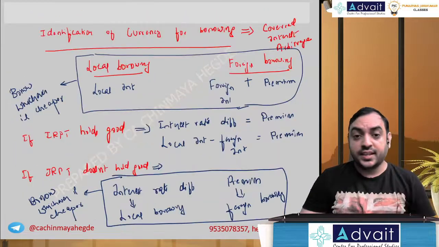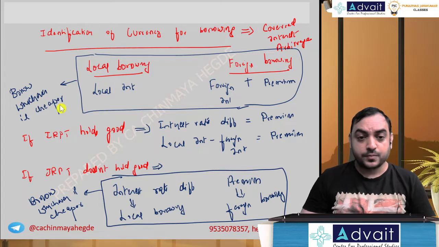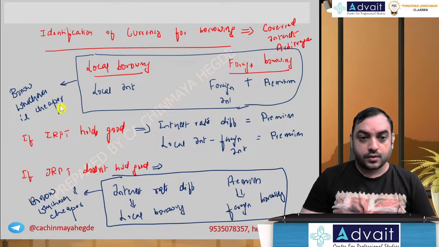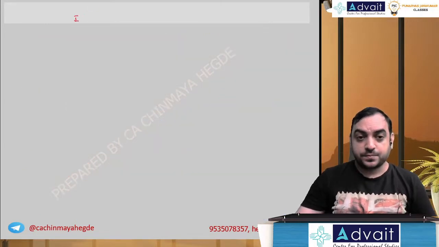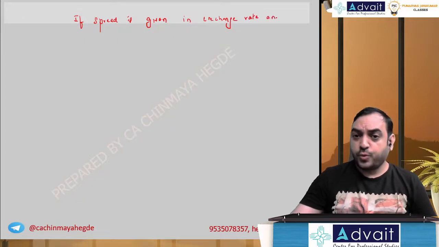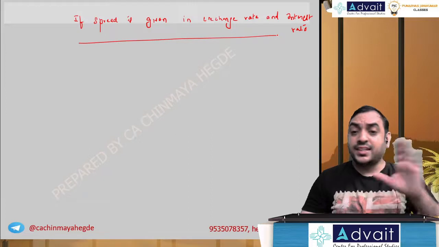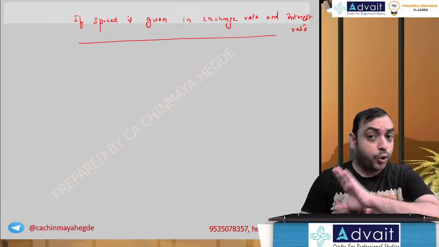So let's write down that also just for reference. If a spread is given in exchange rates and interest rates or both, then the overpriced-underpriced approach and the interest rate differential, both methods do not work.